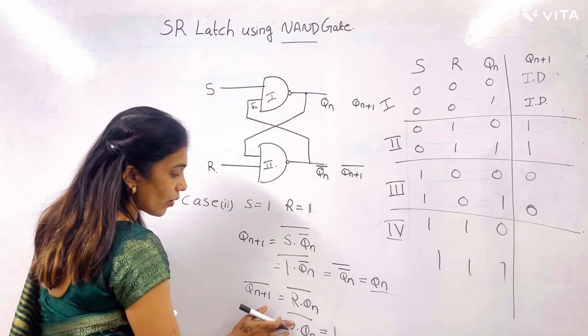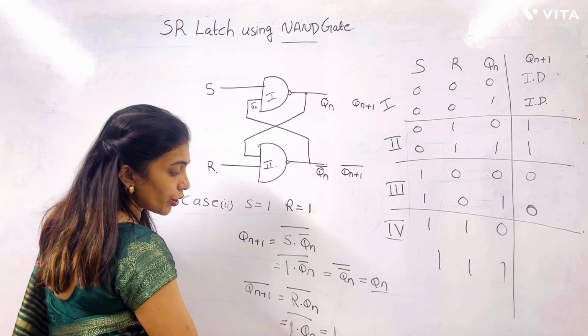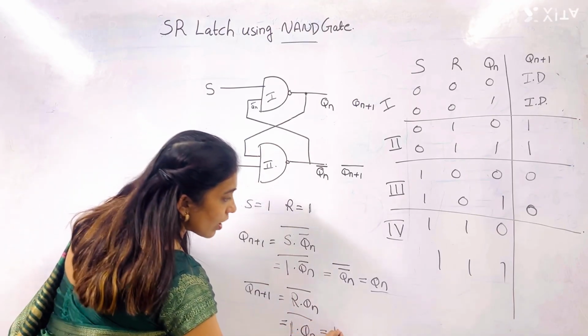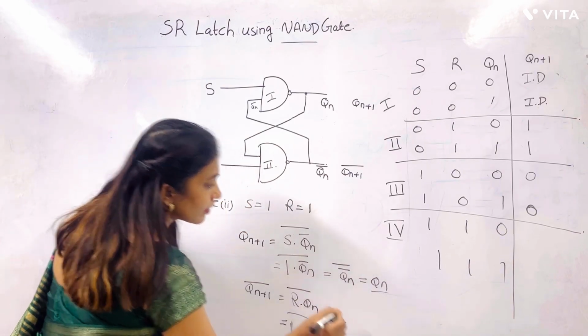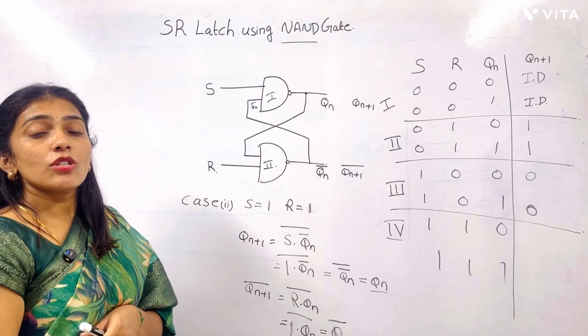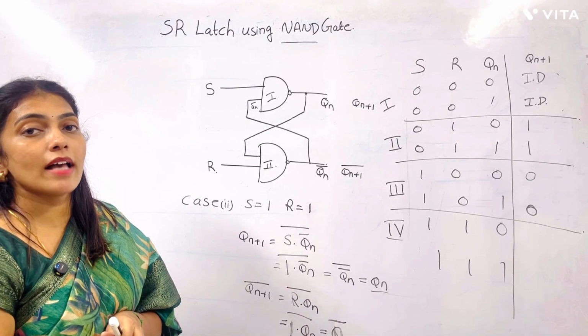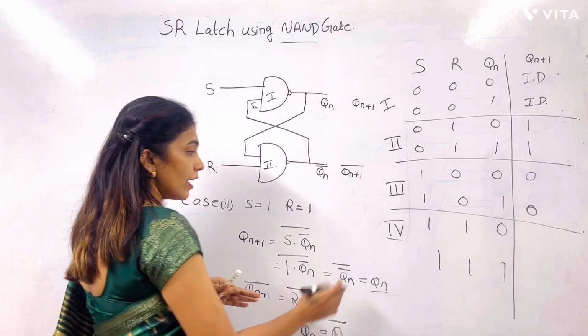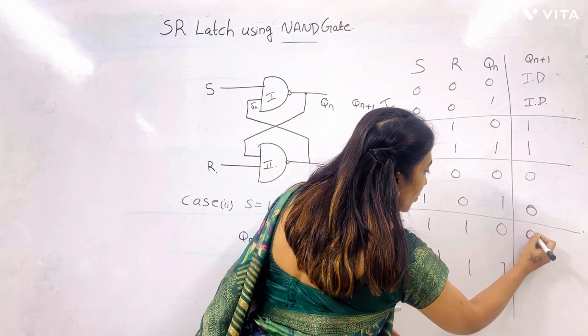So here R value is 1, right? 1 into Qn whole bar, so we got Qn bar. So the normal form we got is Qn and the complemented form is Qn bar. So whatever Qn is there, that value is Qn plus 1 now.